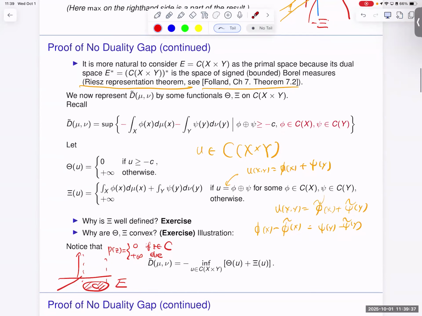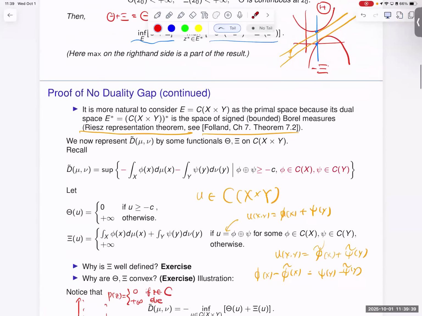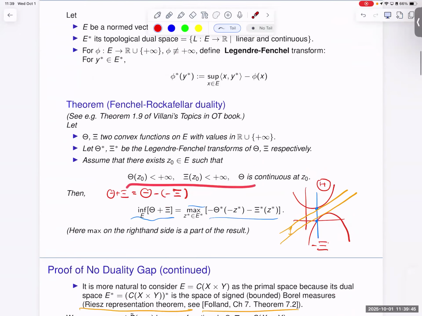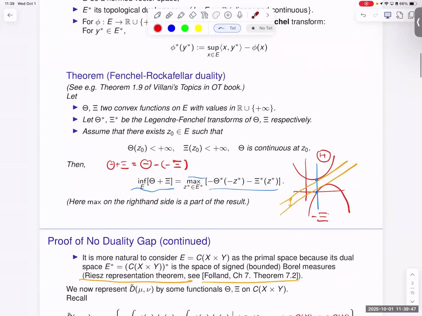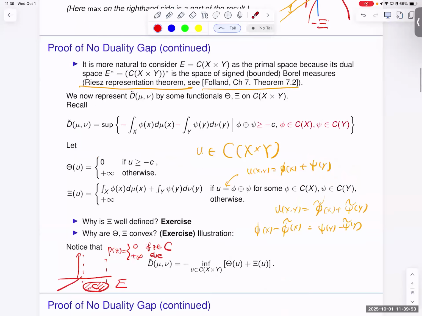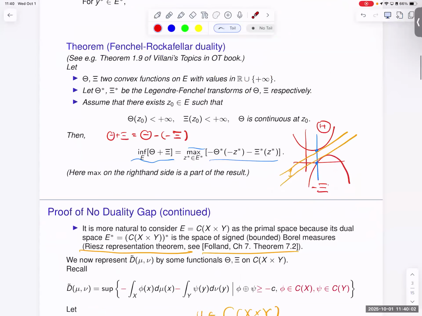Okay, so now there's this remaining condition for the Fenchel-Rockafellar theorem. Then we want to find such, let's say, z0, a particular function on this product space, and we want it to satisfy this finiteness condition and this continuity.